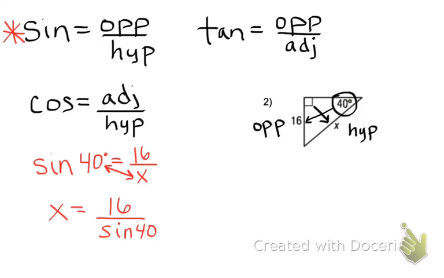So I'm going to put this in my calculator. 16 divided by sine of 40. And I get x equals 24.89. Again, I'm going to round to the tenths place. So that's going to be 24.9. The 9 told the 8 to round up.